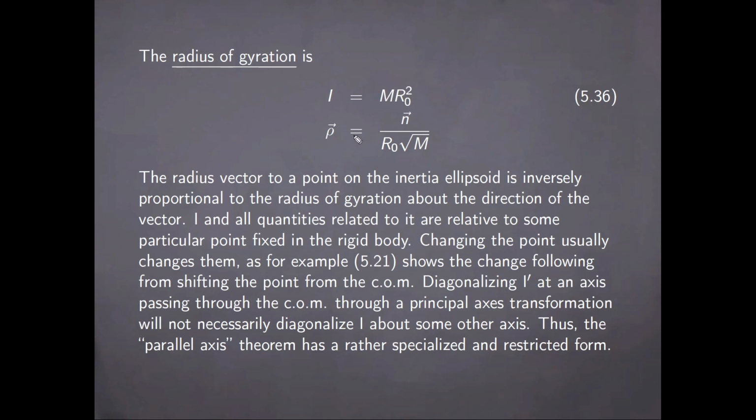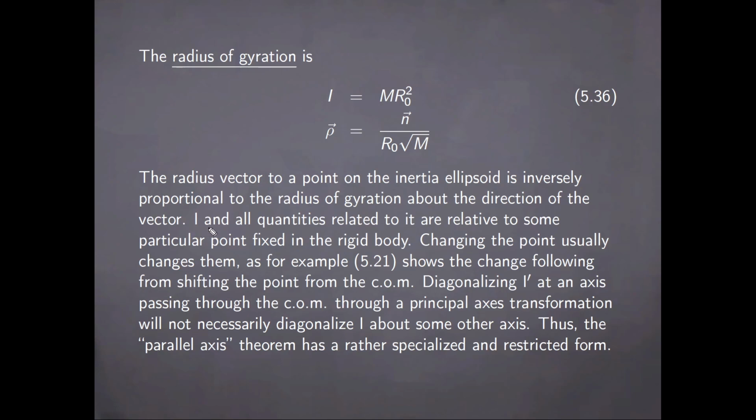And in terms of this value, the vector rho can be recast as the ratio of n to r0 times the square root of the mass. So the radius vector to a point on the inertia ellipsoid is inversely proportional to the radius of gyration about the direction of the vector.